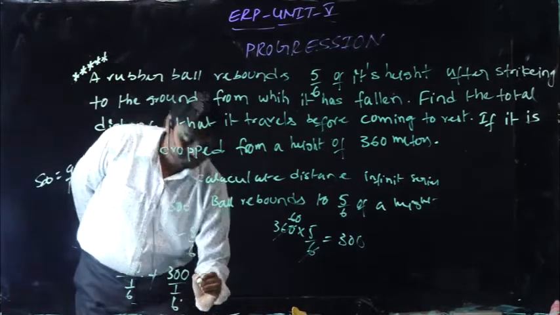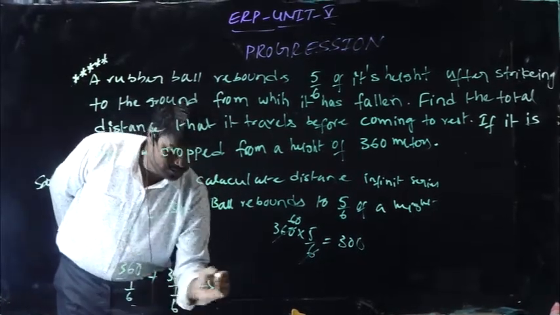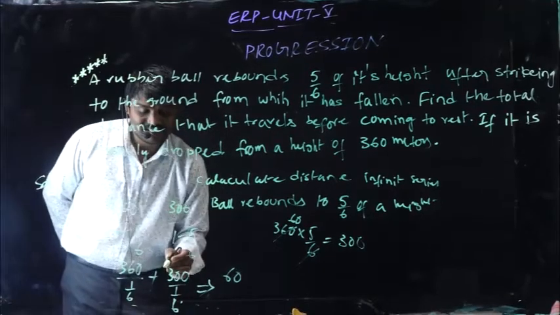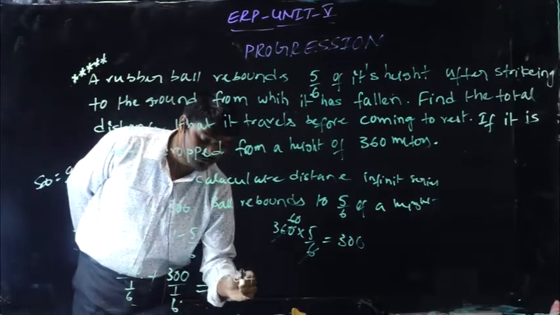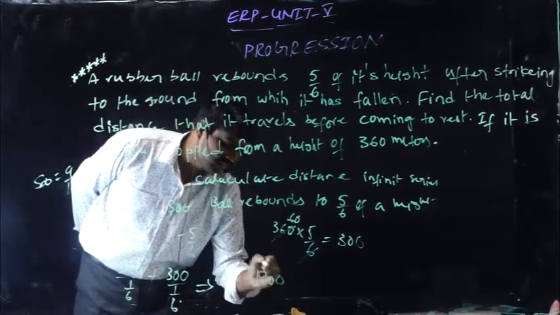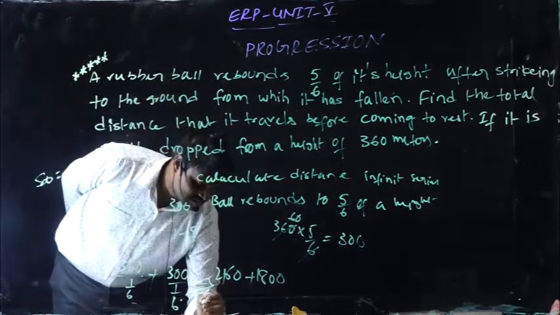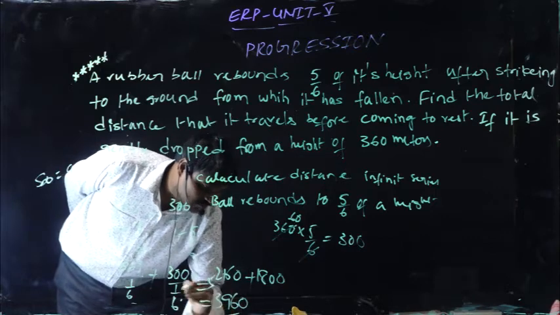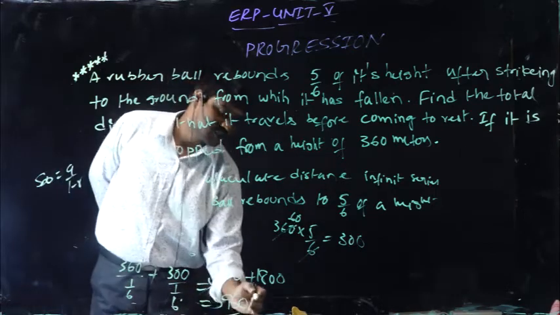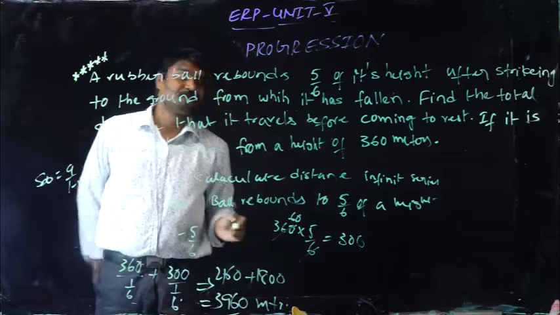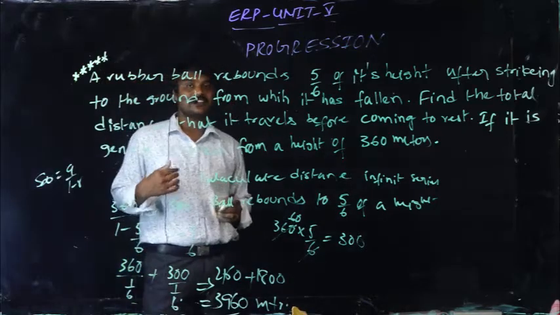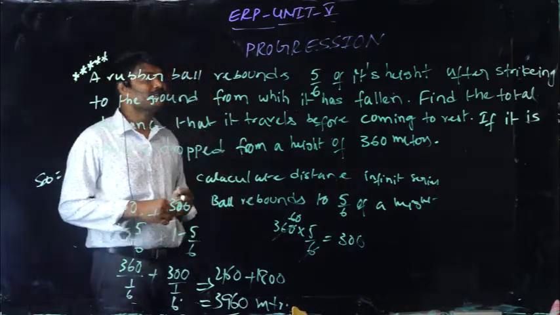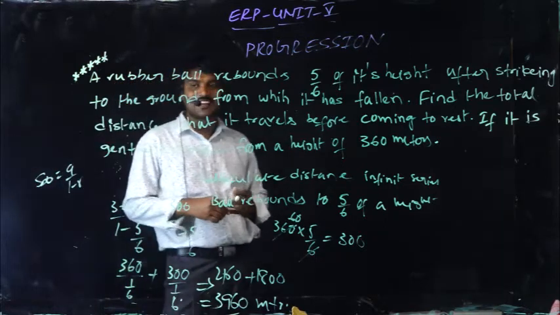That means 6 times 360 is 2160 plus 1800, so that is equal to 3960 meters.